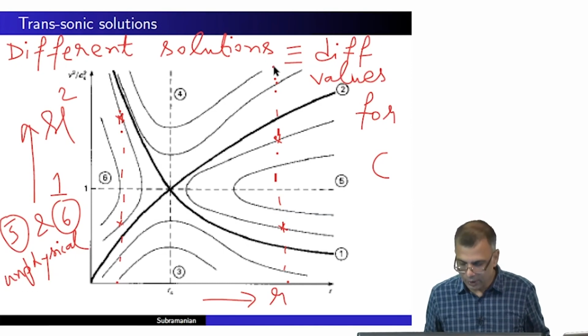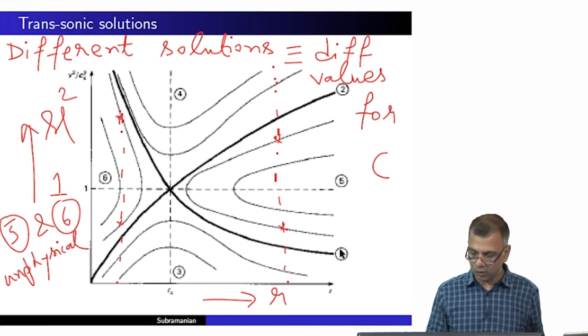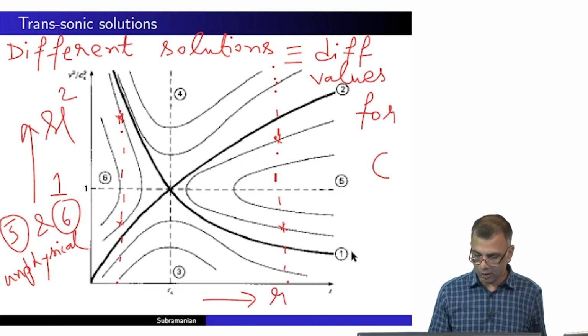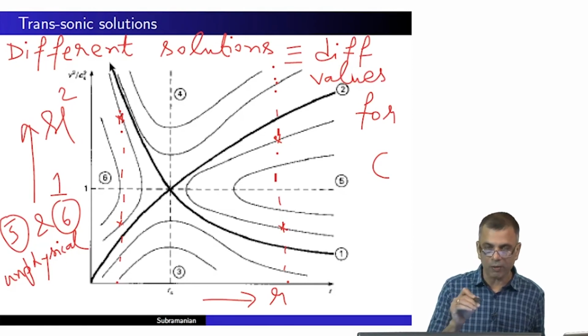Okay, and so we can quickly see what these are. Solution 1, for instance, starts from Mach number less than 1, and you end up at Mach number greater than 1, and you pass through the sonic point. This is the sonic point.